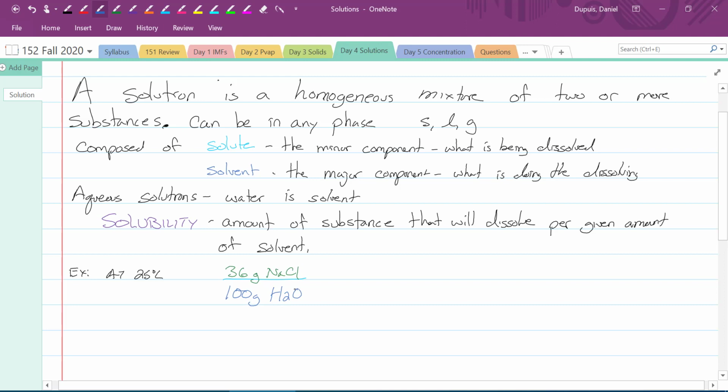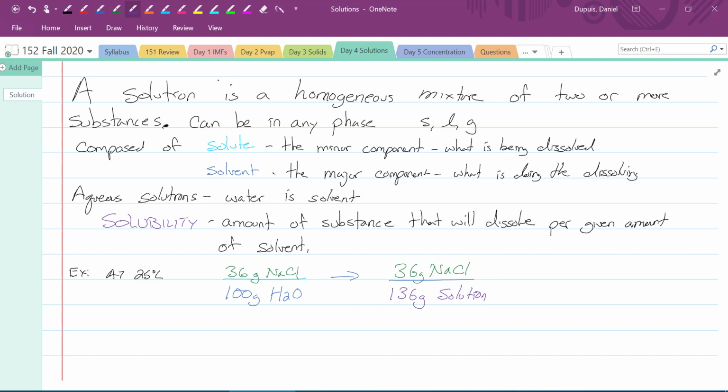And this is how we see it a lot of times, which technically means, by the way, that we have 36 grams of NaCl per 136 grams of solution. So again, the units really matter. A lot of times you'll see it as 36 grams per 100 grams, but make sure we write the units so we know what we're doing.